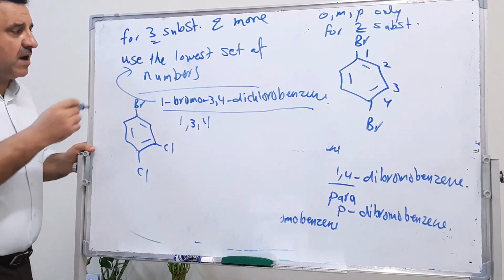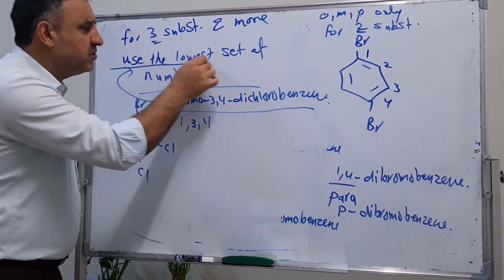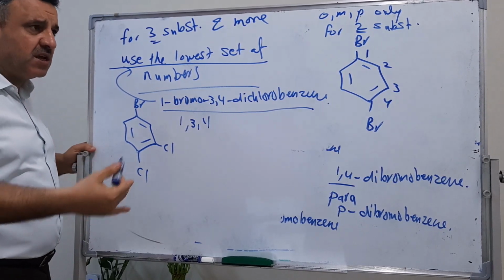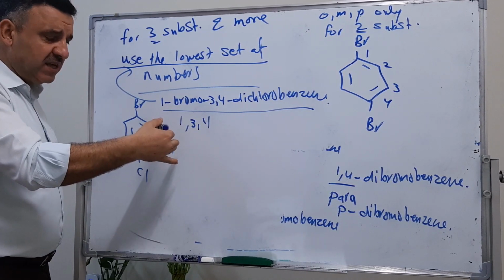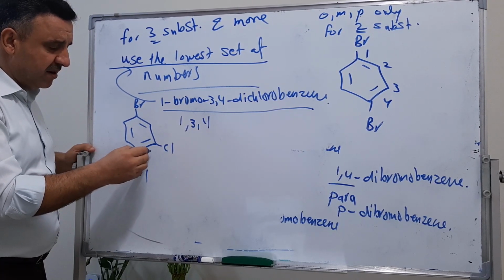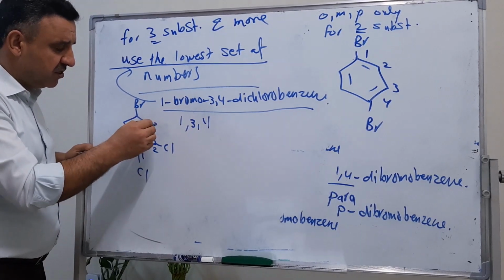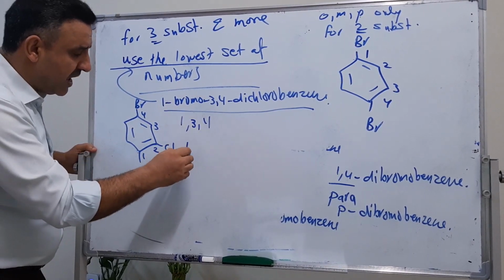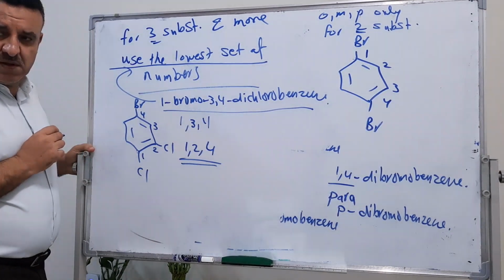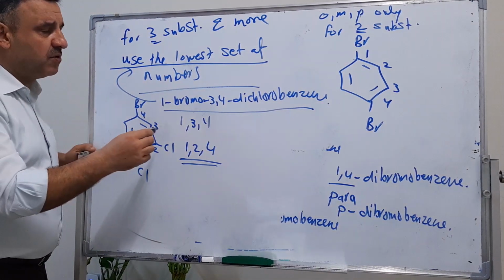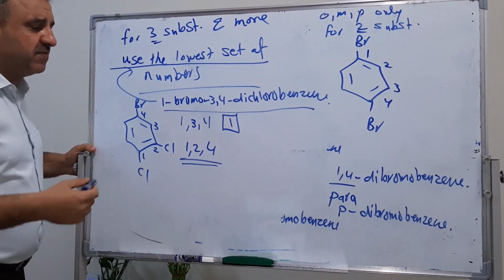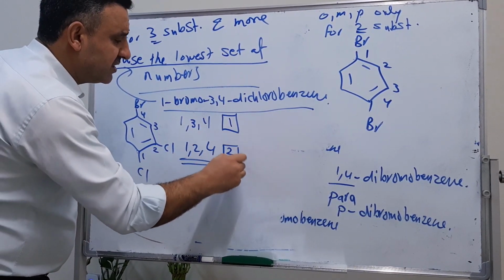Right? Yes. Now, what's the rule here? We have to use the lowest set of numbers. Is there any other possibility to get a lower set of numbers than this? Of course, yes. If you start numbering from here, we're gonna get 1, 2, 4. Do you follow me? Now, which set is the lowest set of numbers? The first set or the second set?